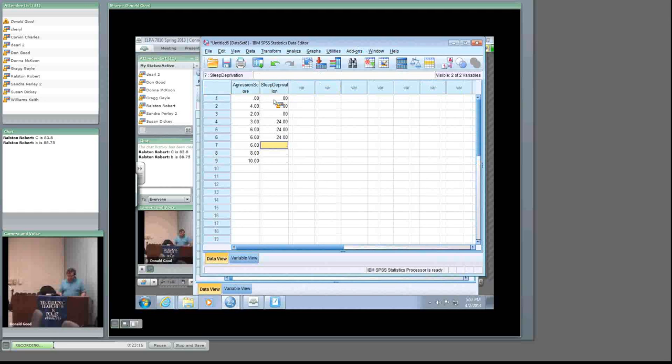And then the last 3 scores come from people sleep deprived for 48 hours, so I'm going to put in 48 there. So I have the data entered and organized the same way as it is on page 348 of the textbook, but in the right kind of format. Same information, but in a format that SPSS can use.